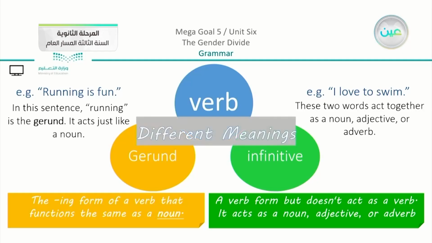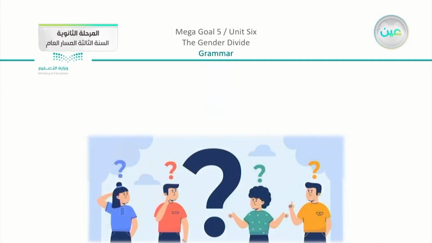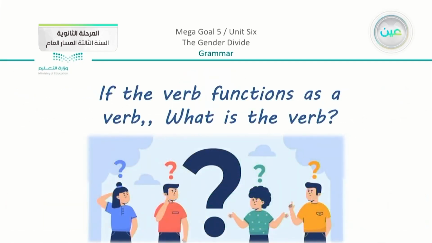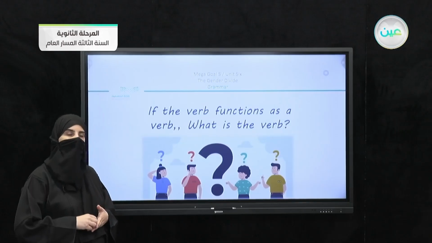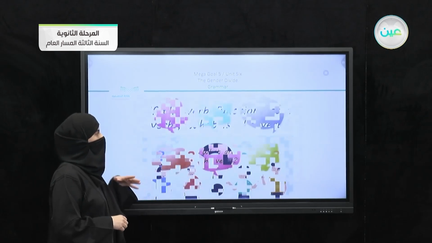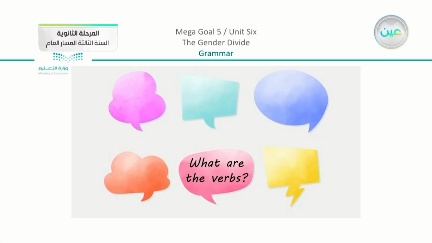Now, we have the two types, which are the gerund and the infinitive. We are going to see the different meanings that each one implies. If the verb functions as a verb, where is the verb? So we are going to see 5 verbs.